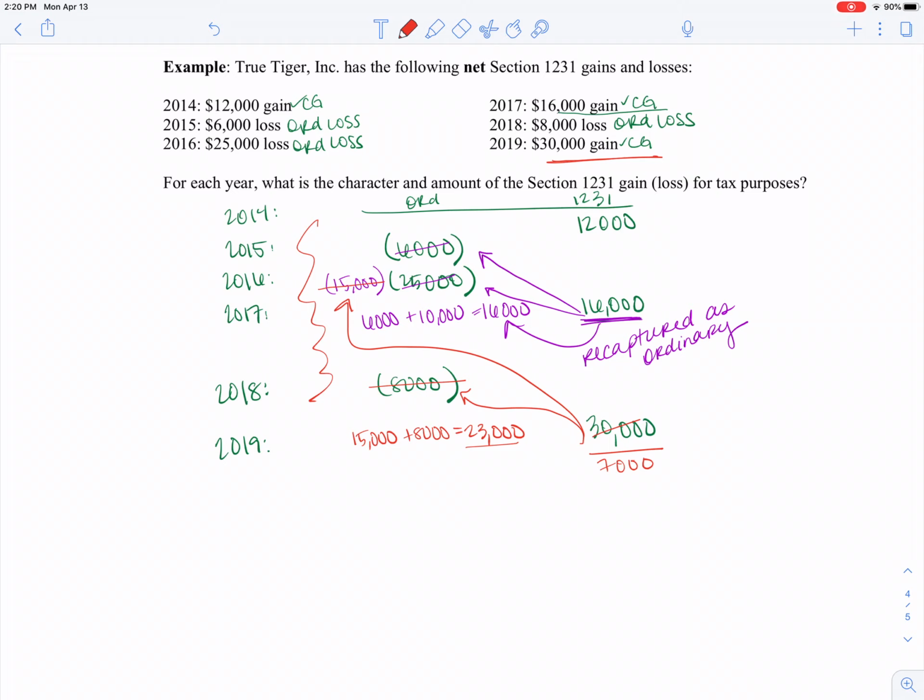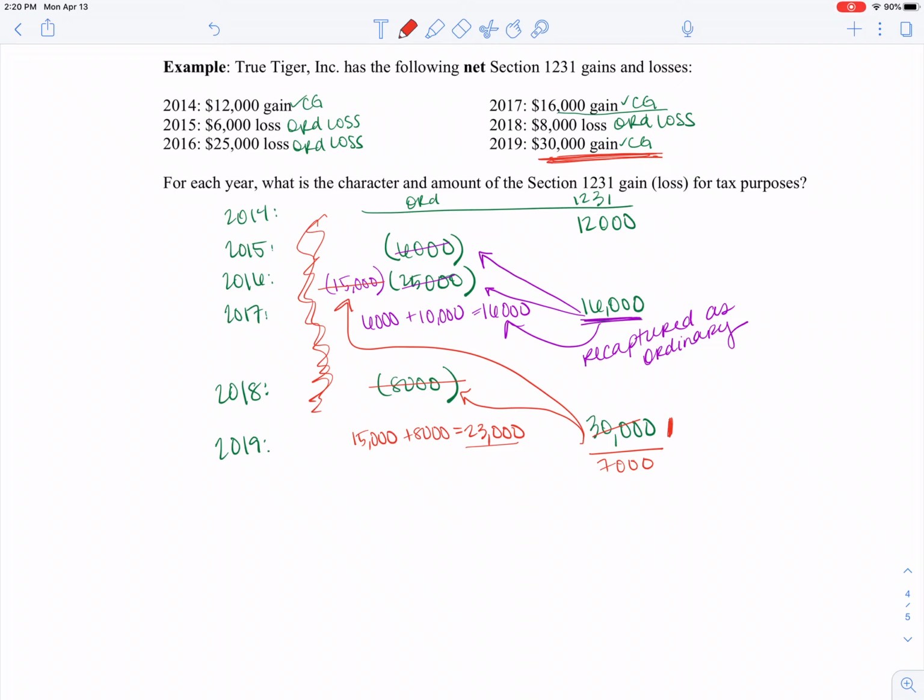So again, I still have $30,000 of a gain. The question is, how do I tax that gain? I normally would get to tax it as a long-term capital gain and I get preferred tax treatment. But because I've taken these losses previously, I have to recharacterize, or we call it in tax, recapture.